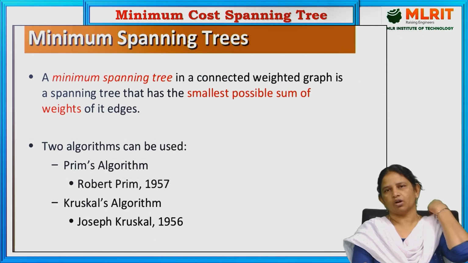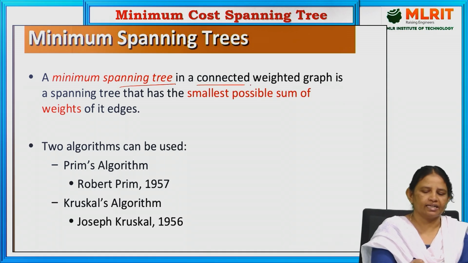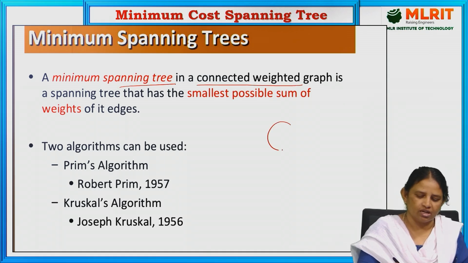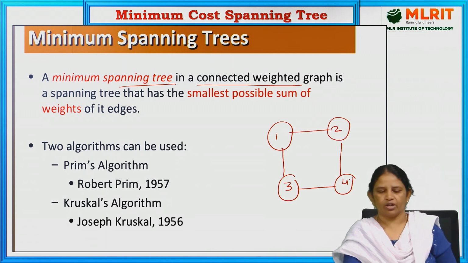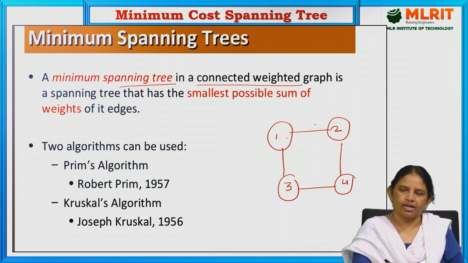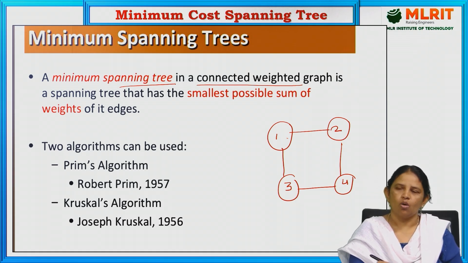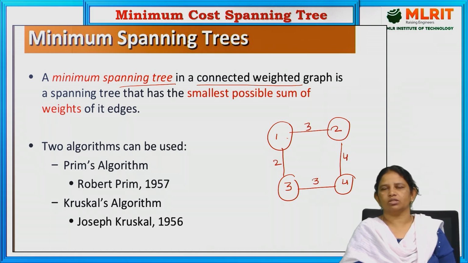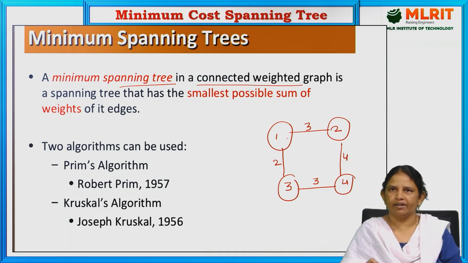So first of all, what is meant by minimum spanning tree? A minimum spanning tree is from a connected weighted graph. What is meant by connected weighted graph? For example, consider this is a graph. It is connected because there is a communication line present between the vertices of the graph. What is meant by weighted graph means some weight or cost is present on the edges, then it is called a connected weighted graph.